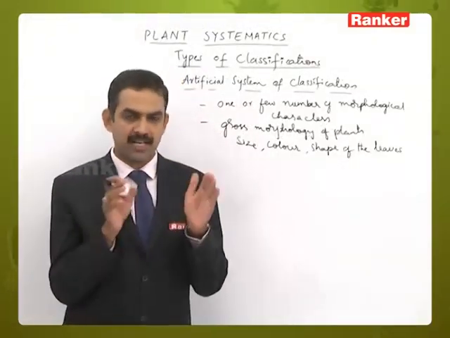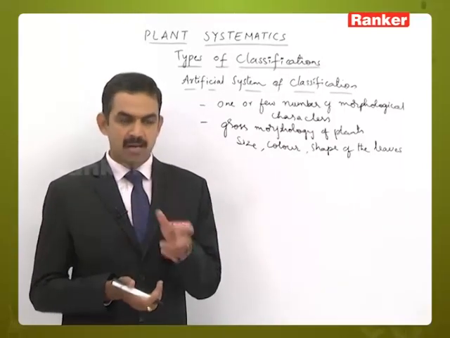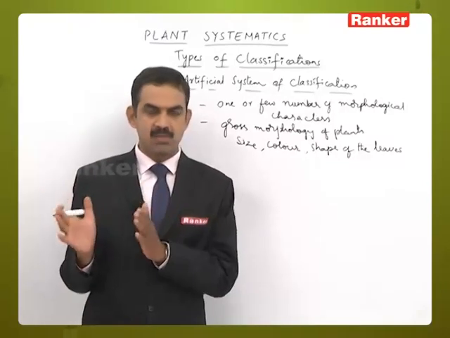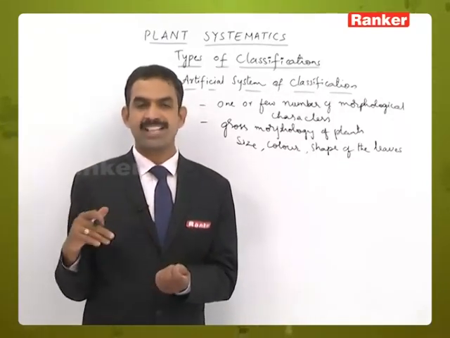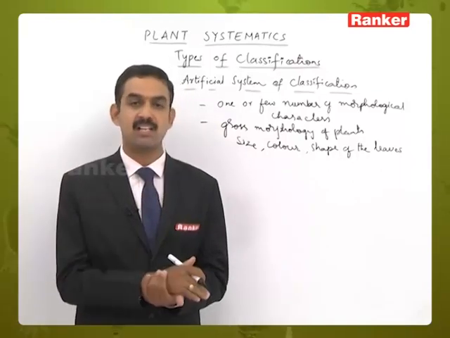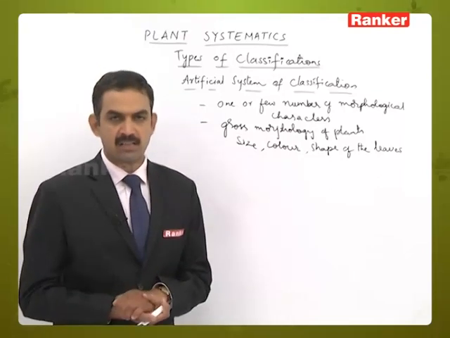If the plants differ in the size, shape and color of the leaves, those plants are kept in different groups. Maybe the plants kept in different groups differ in the leaves, but they may show more similarities in other characters, so that type of classification is not a perfect one.